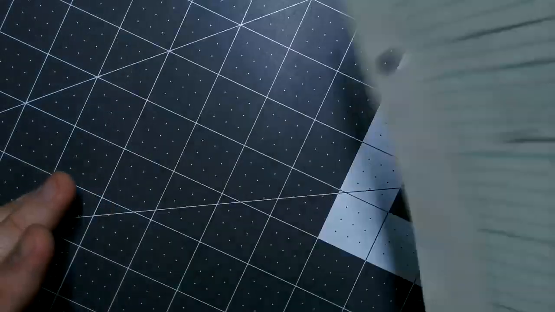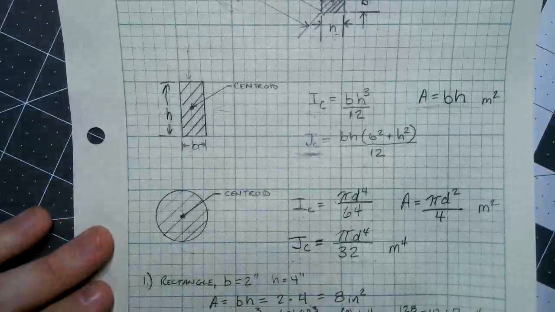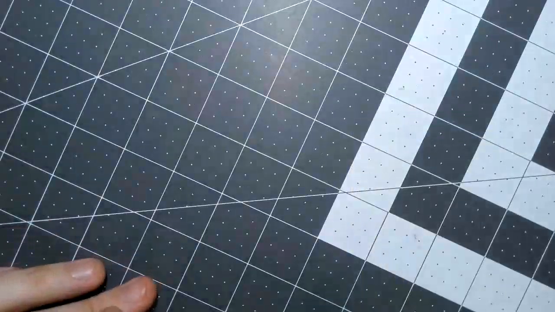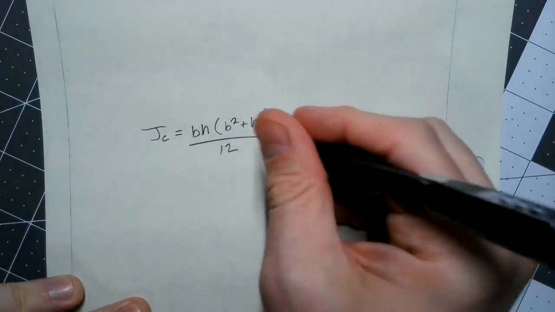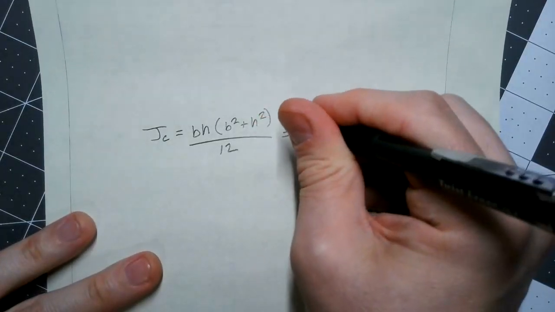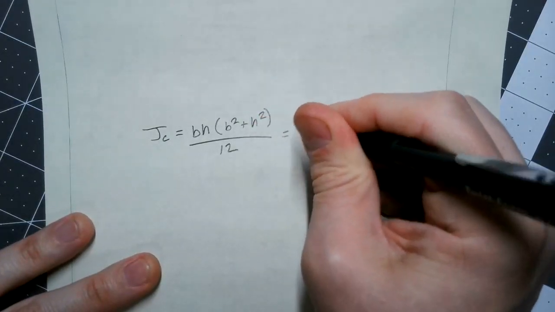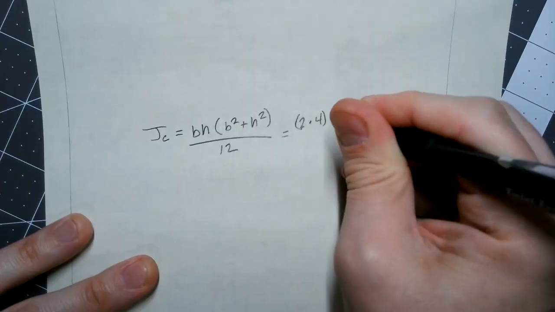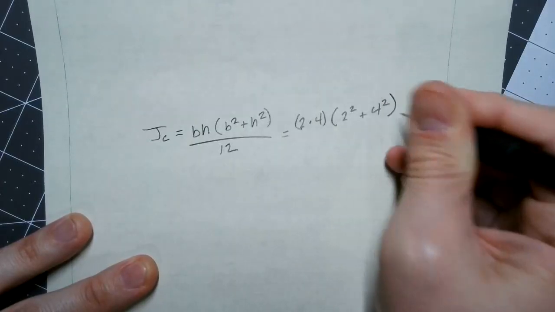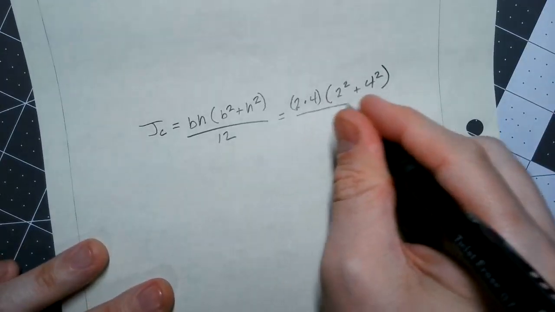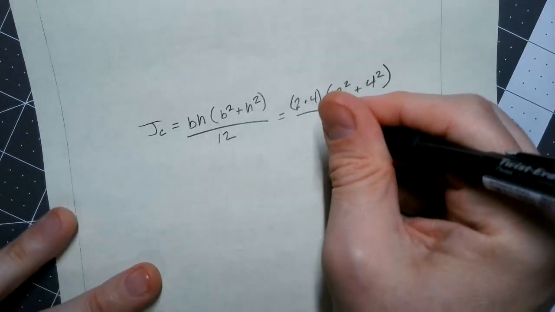So I didn't misremember it. No, that's correct. And so remember, our base is 2 and our height is 4. So this equals 2 times 4 times 2 squared plus 4 squared divided by 12.